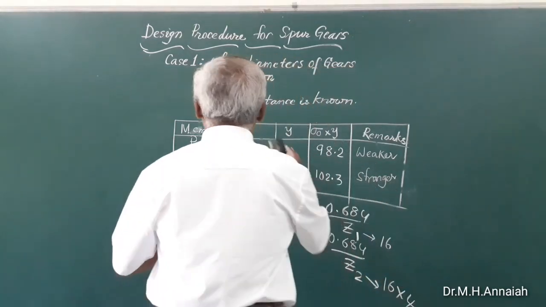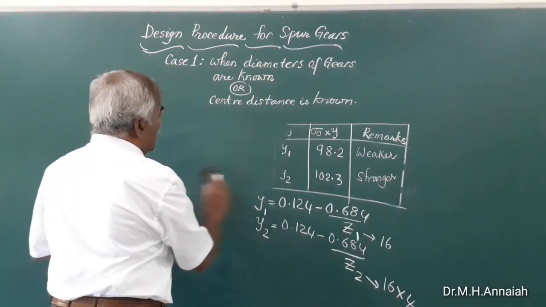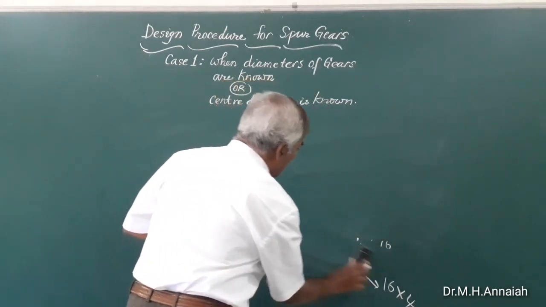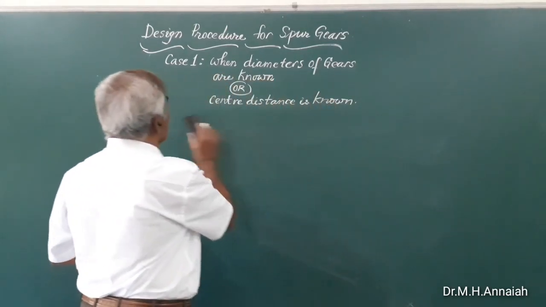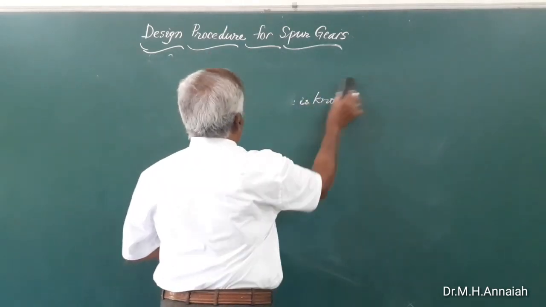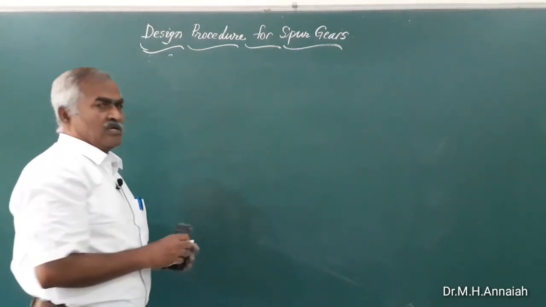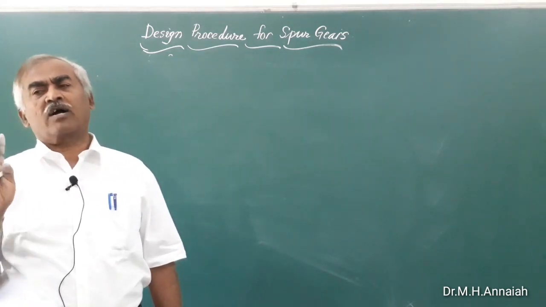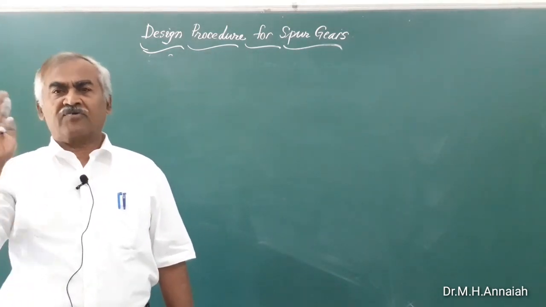Friends, we have learned the procedure for the selection of material and how to decide the weaker member of the gear pair. Now friends, let us move on to the third and the most important step in the design of any gear.